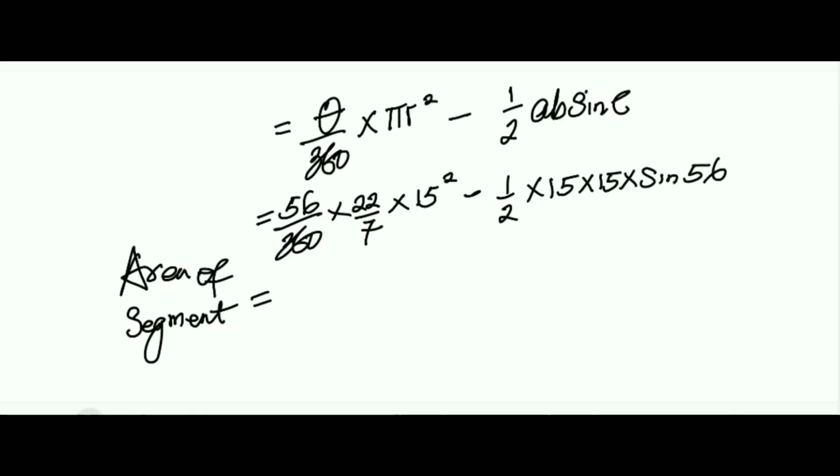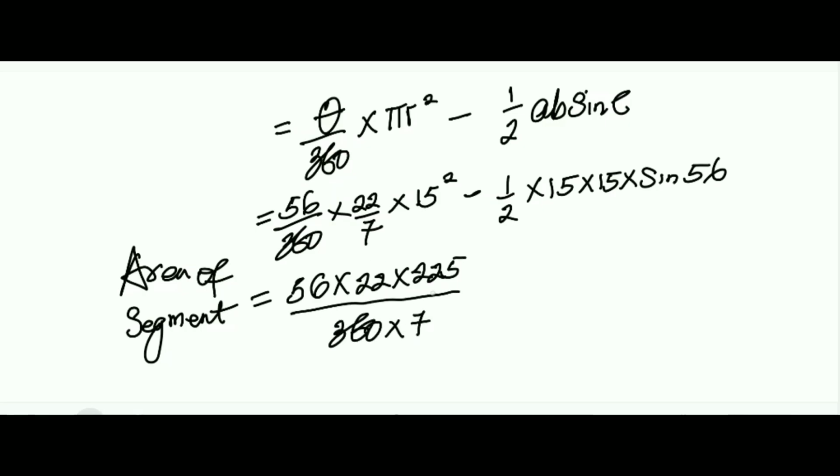So I say 56 times 22. You can also multiply that, 56 times 22. Alright, so let's write this. This is 56 times 22 times 225, all of this divided by 360 times 7.